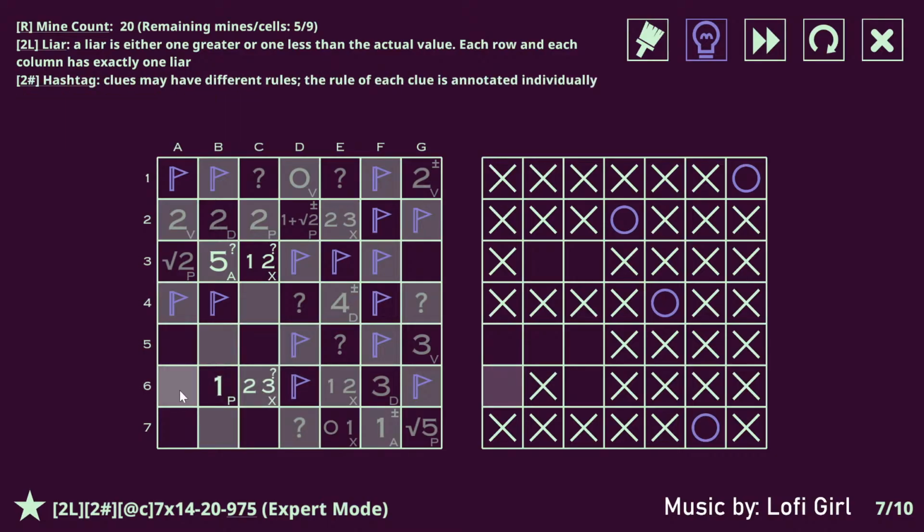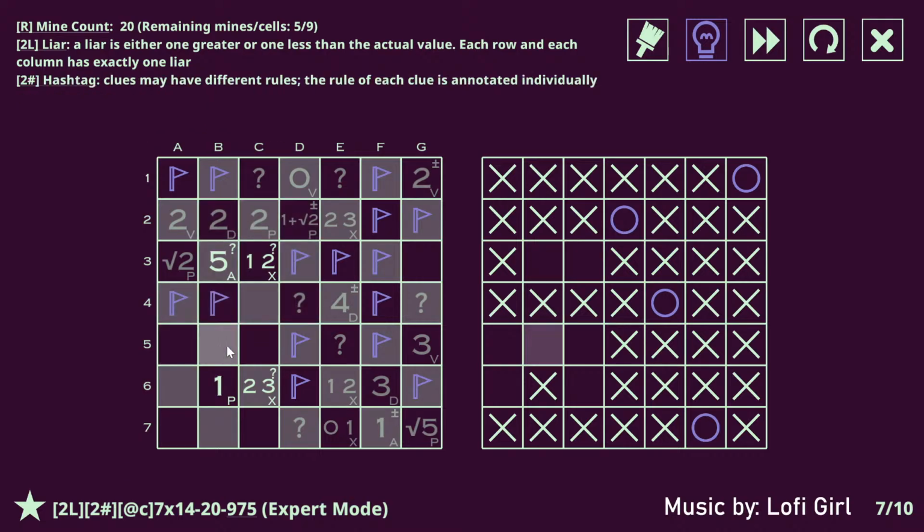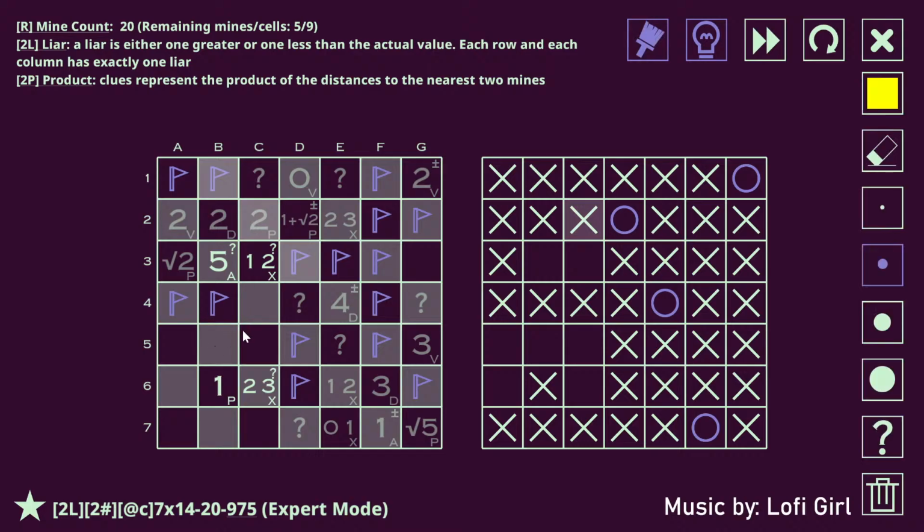So one of these are mines. One of these are mines. One of these are mines. One of these are mines again. Actually, if these are both mines, can we immediately... I don't know. If this is a liar, then we'd get these 3 to all be liars.